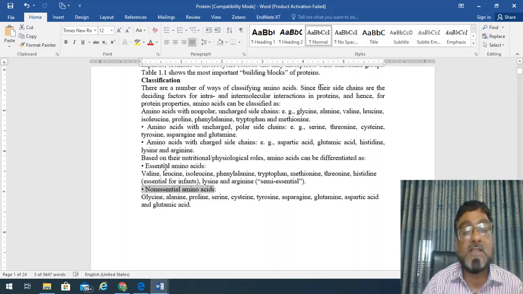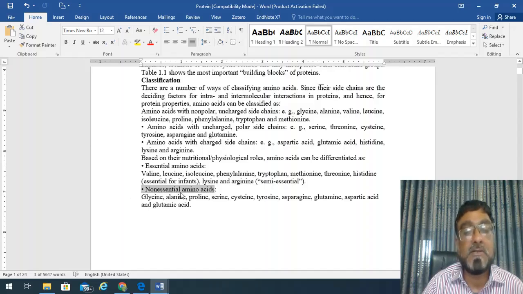So what are these essential amino acids? Valine, leucine, isoleucine, phenylalanine, tryptophan, methionine, threonine, histidine. Histidine is especially considered essential for infants only. Then lysine and arginine are called the semi-essential amino acids.